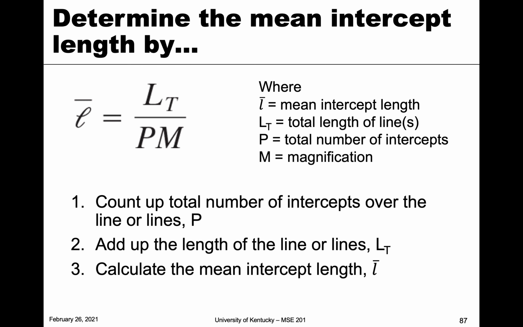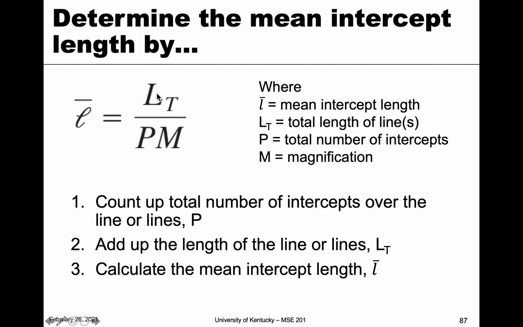After we've done that, we're going to determine what we call the mean intercept length. This equation is given to us in our textbook, Callister. The mean intercept length is this script L with a bar over it. That implies a mean or average. And then we calculate this by the length of the line, or lines if we take multiple of them.